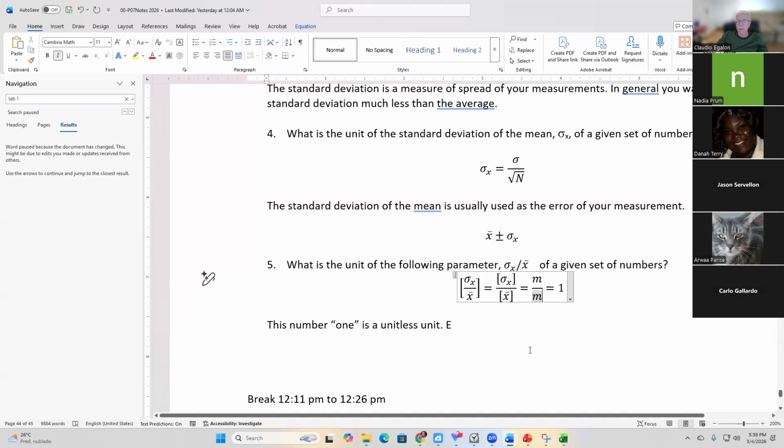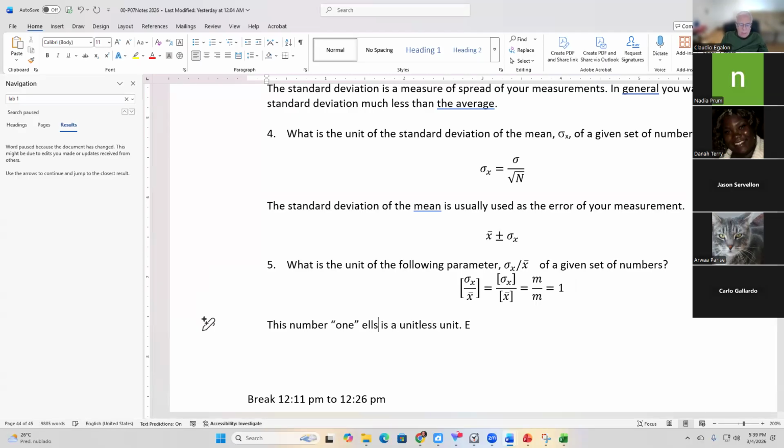So this meter cancels out this meter, and you end up having the number one. What does this number one tell you? It tells you that the above parameter has no unit whatsoever.